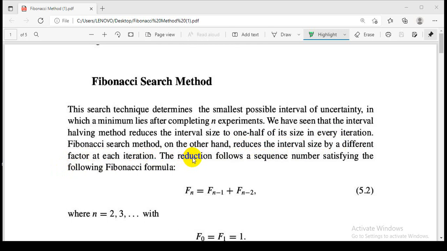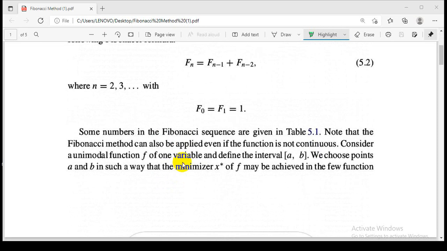The reduction follows a sequence number satisfying the following Fibonacci formula: Fn equals Fn minus 1 plus Fn minus 2, where n equals 2, 3, 4, etc., with F0 equal to F1 equal to 1.